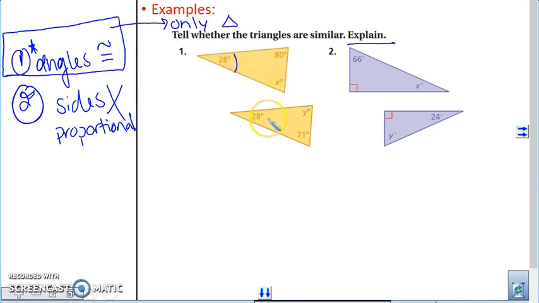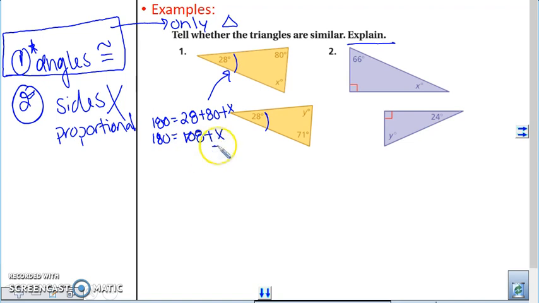So 28 is congruent to 28. But how are we going to determine whether the other two are congruent? We're going to have to solve one of these variables for x or for y. So let's just go ahead and solve for x. So we have 180 equal to 28 plus 80 plus x. Remember, I'm solving for x to see what this third angle is. 180 equals 28 plus 80 is 108, plus x.